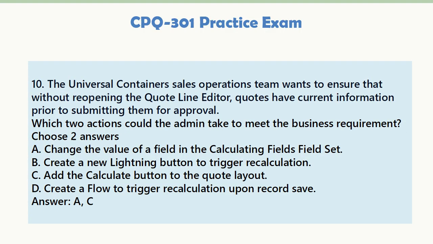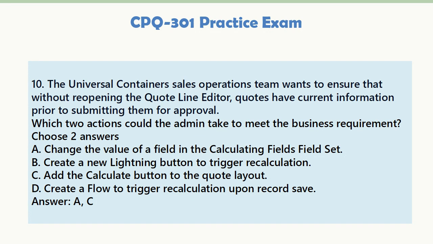10. The Universal Containers sales operations team wants to ensure that without reopening the quote line editor, quotes have current information prior to submitting them for approval. Which two actions could the admin take to meet the business requirement? Choose two answers.